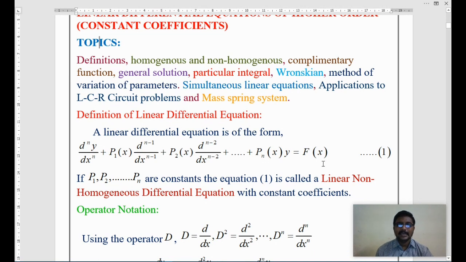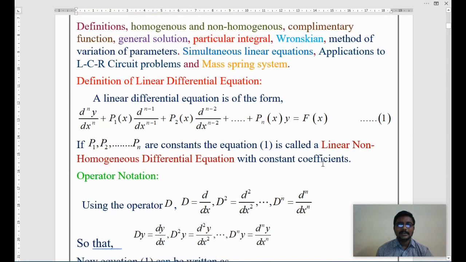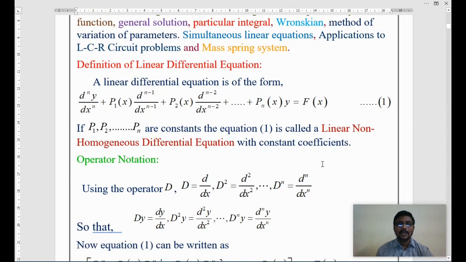So it is the nth order linear differential equation. It is known as linear non-homogeneous differential equation with constant coefficients. Suppose the right hand side is 0, then it is known as a homogeneous differential equation of nth order.